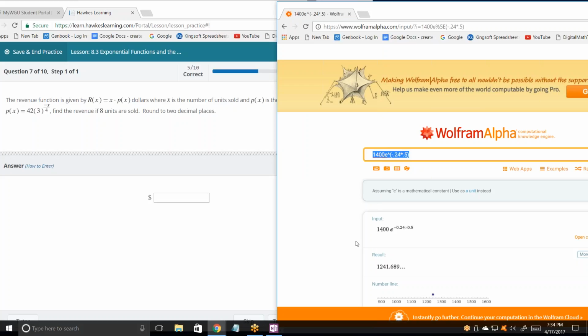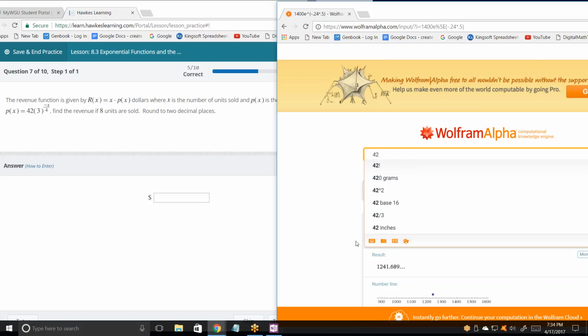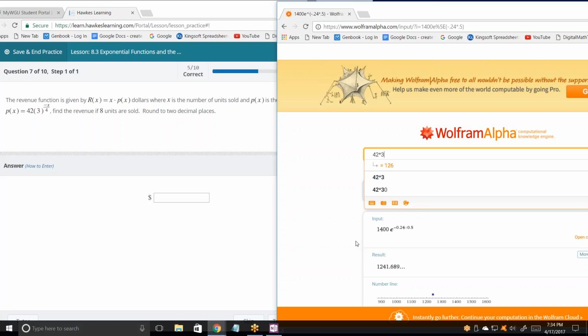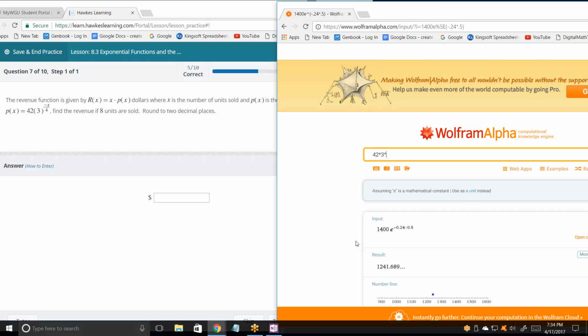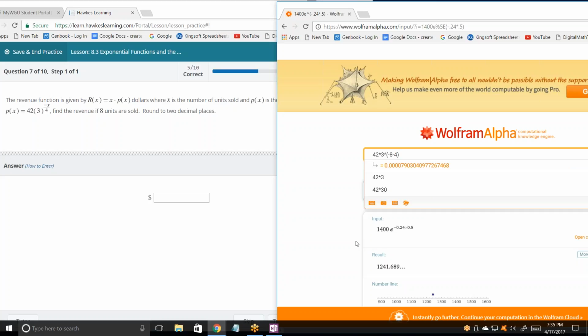Now, this one, I'll put it in, and then there's the multiplication sign, and it's 3 raised to the, and now here I need parentheses because it's minus x, although in this case it's not x, it's 8, minus 8 divided by 4, and I'm going to put it in, filling everything in like that.